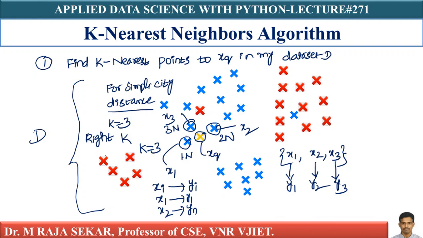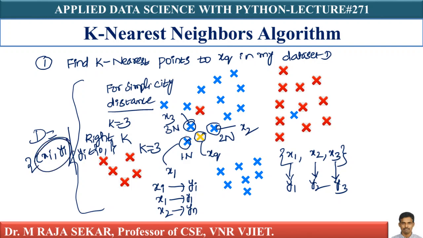The given data set D is pairs of xi comma yi, as I discussed in my previous lectures. yi belongs to 0 comma 1, and xi belongs to R2.